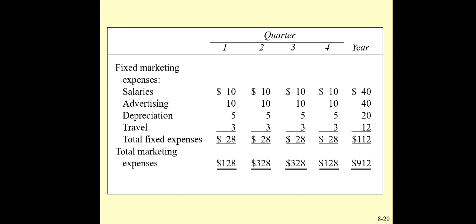Remember, the total marketing expense is variable marketing expense plus fixed marketing expense. For quarter 1, the variable marketing expense in the previous slide is 100,000, and the fixed marketing expense is 28,000. So the total is 128,000.